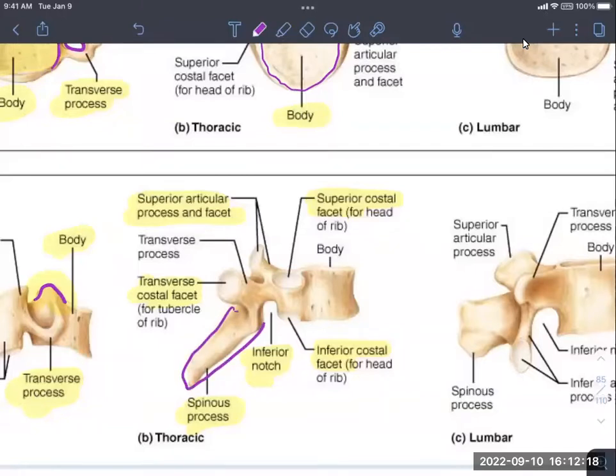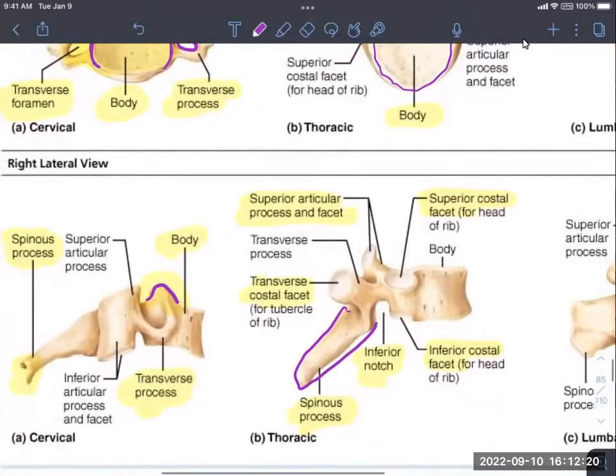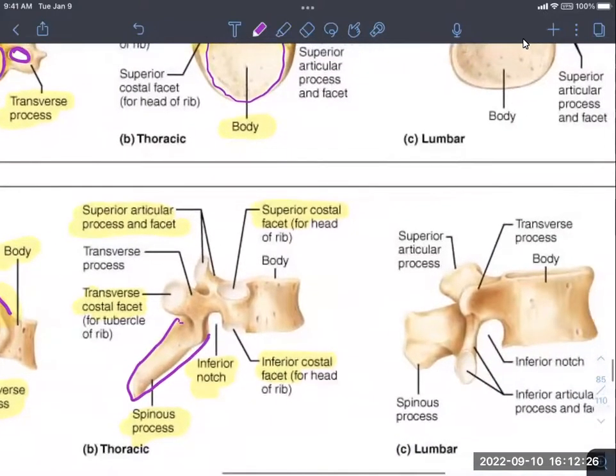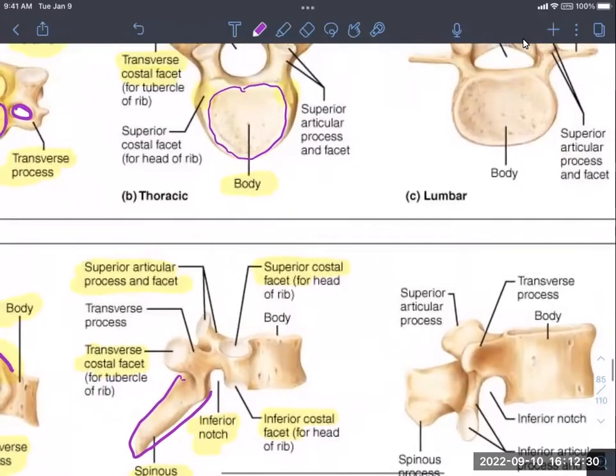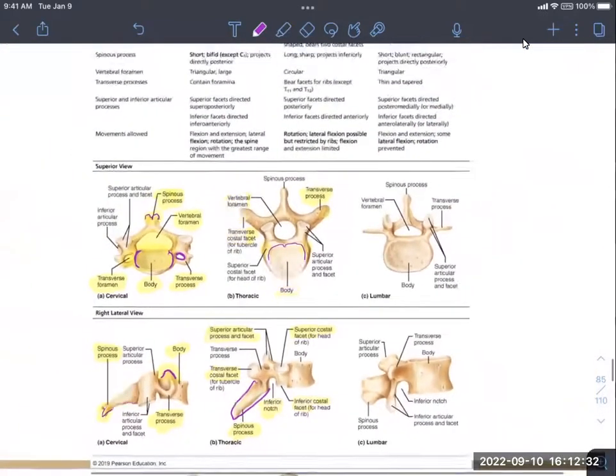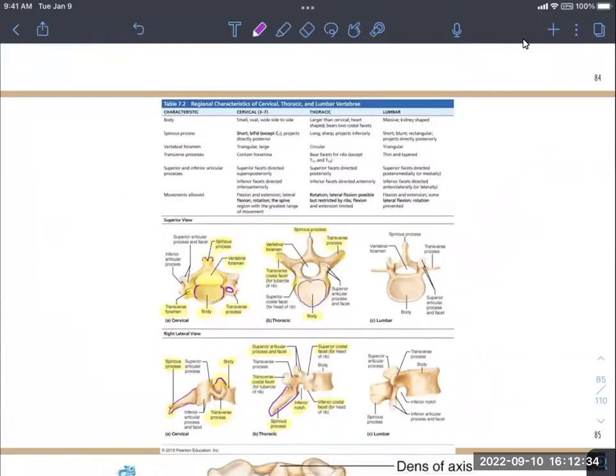That is different than the cervical. The cervical point more out. So thoracic points more down. That's something that, besides the heart-shaped body, is something else that makes them different.